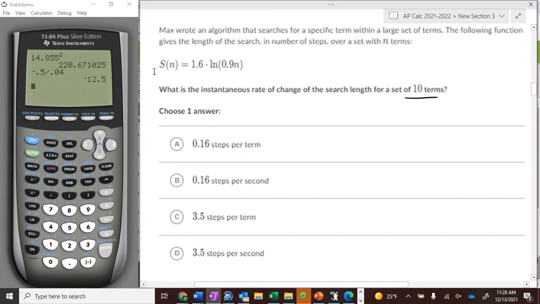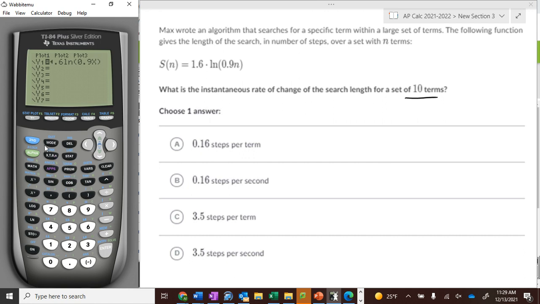Somebody's just saying, just graph it. Okay, so we'll graph it. Settle down. All right, so if we're going to graph it, ln of 0.9x.